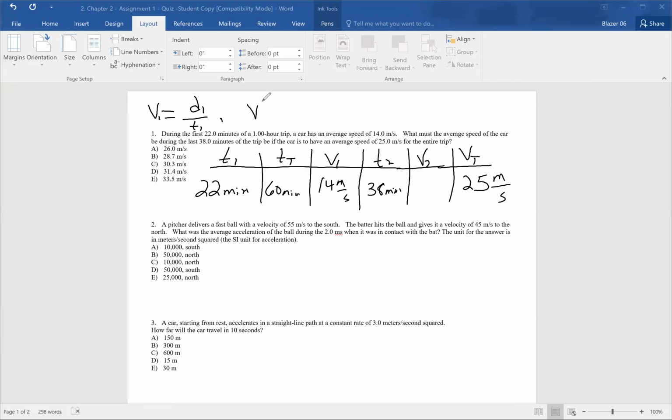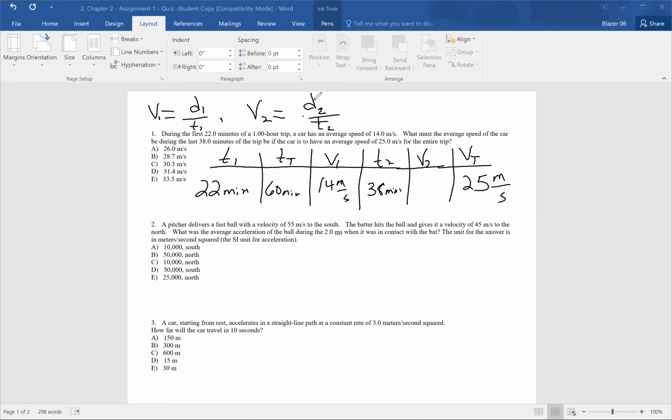Similarly, I can find speed two if I know distance two and time two. So that means the first thing I've got to find is distance two, because in order for me to find the speed, I need to know the distance.